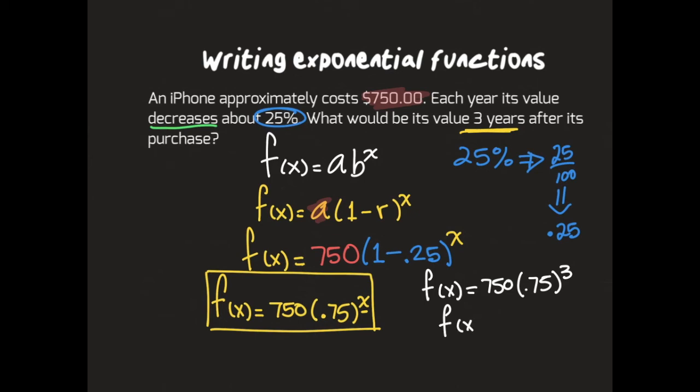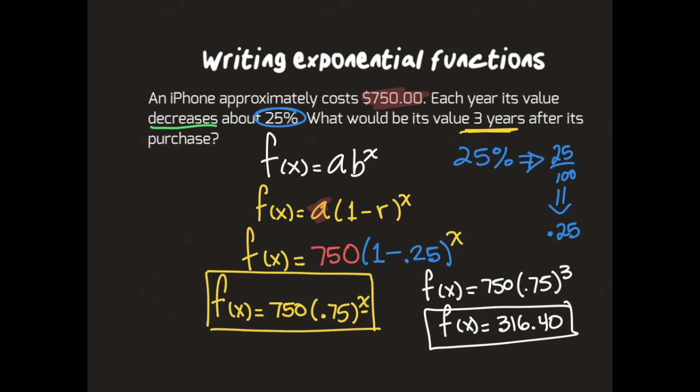We put all this in our calculator and the answer would be $316.40. So that means that if today you buy an iPhone, which is $750, 3 years later, the same phone will cost $316.40. That's the way it would go.